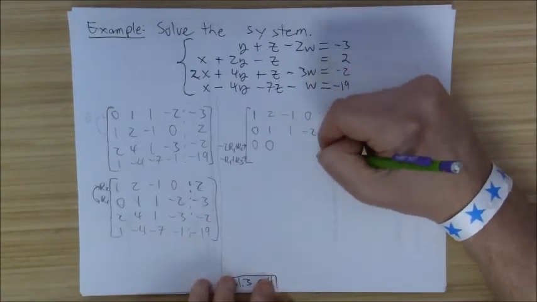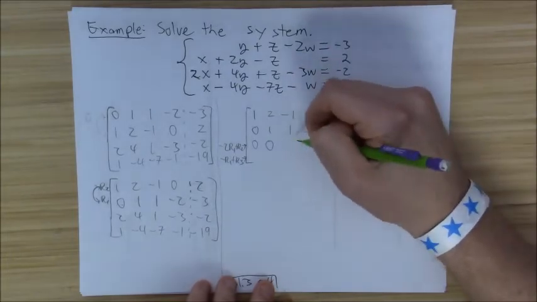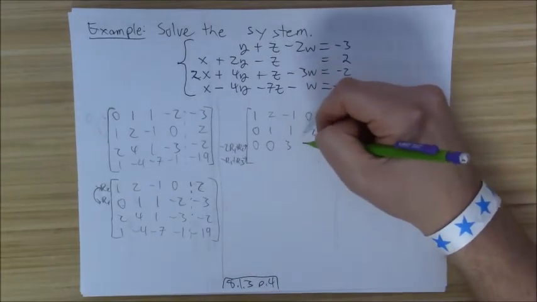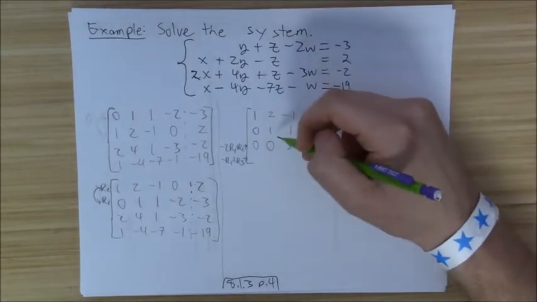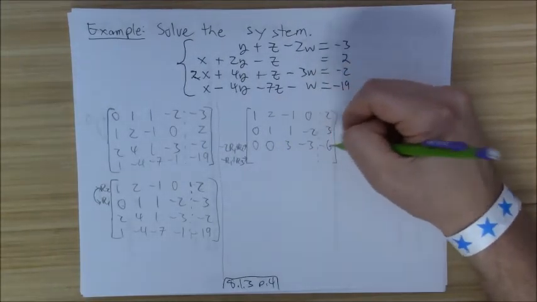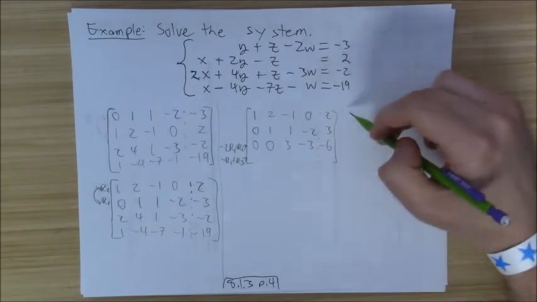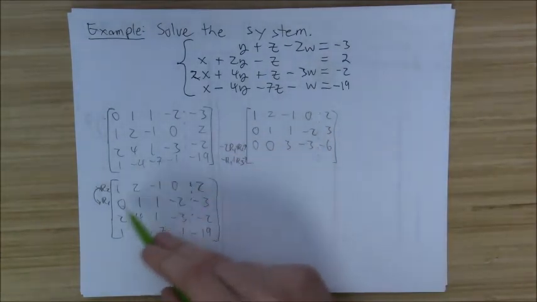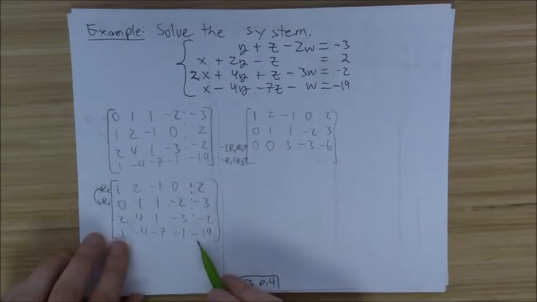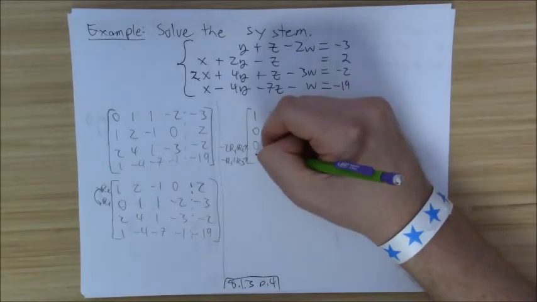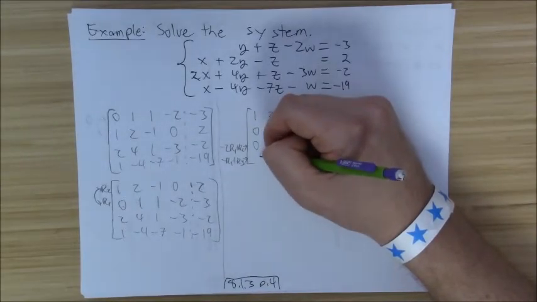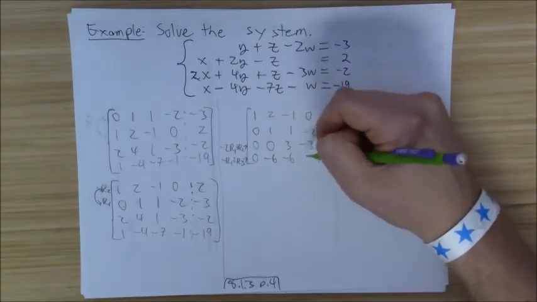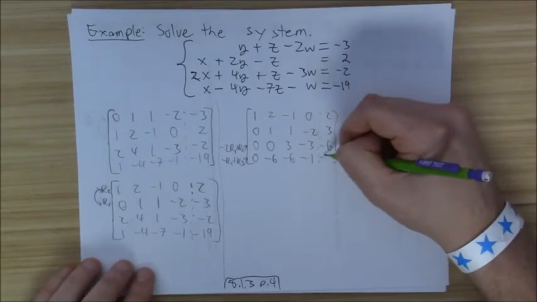There we go. So 0, 0, and then I would get a 3, a -3, doing the addition, and a -6. And then when I took this row times 2, and when I subtract this row from that row, I'm going to get 0, 0, -6, -6, -1, -21.